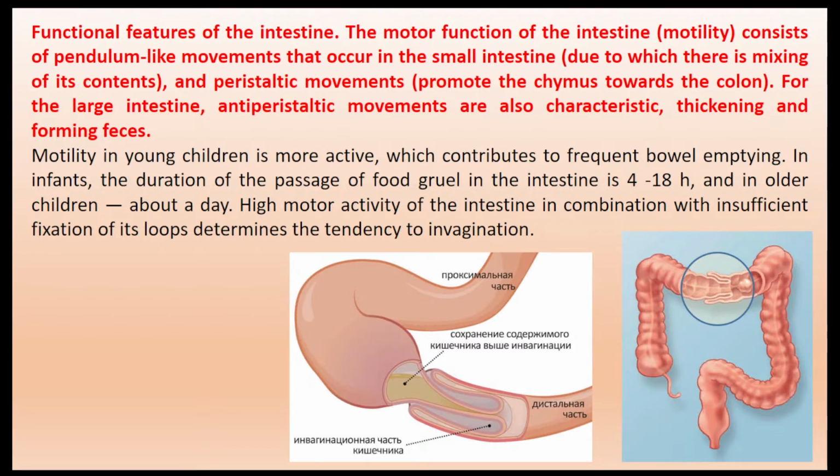High motor activity of the intestines in combination with insufficient fixation of its loops determines the tendency to invagination. Invagination is a very serious problem of babies at an early age.